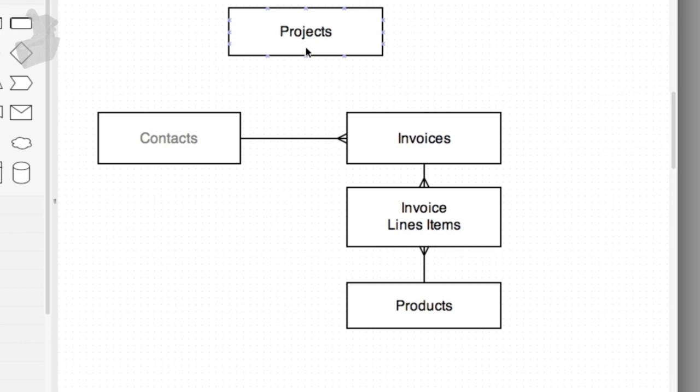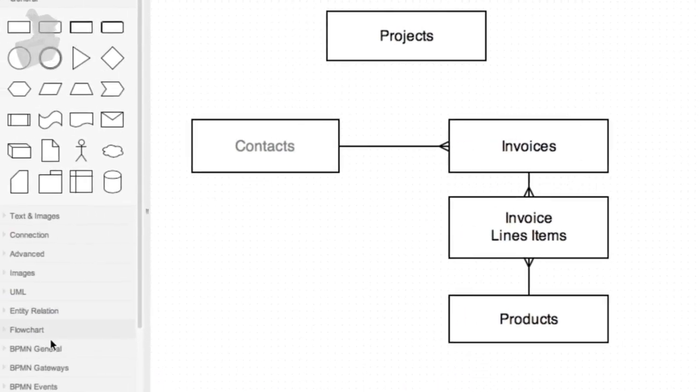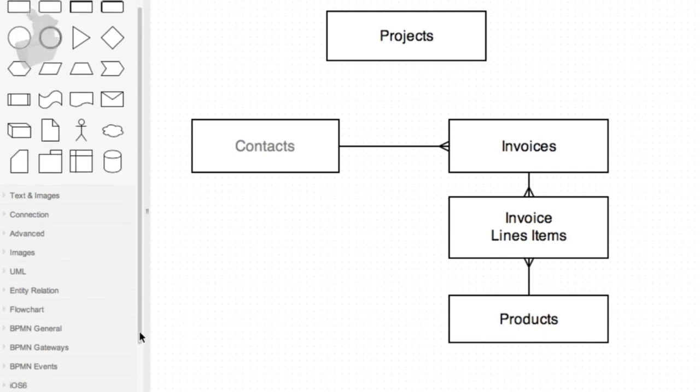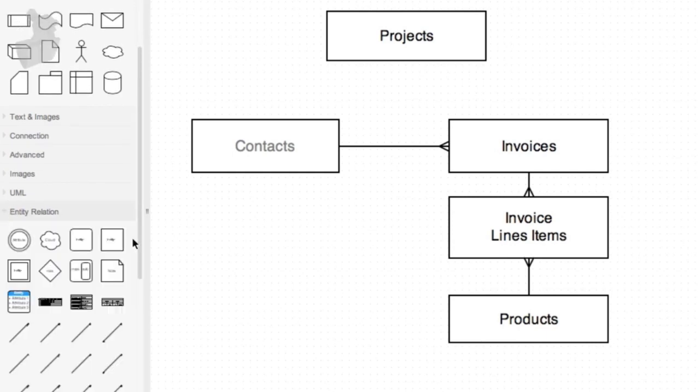Some customers call them jobs, some customers call them projects. Either way, projects or jobs can have one or more invoices. That makes sense. So we go over here and we can specify that we want to cross-connect. So I come down here to Entity Relation and I turn this. And over here are all the different types of indicators of the different types of relationships that you can have.